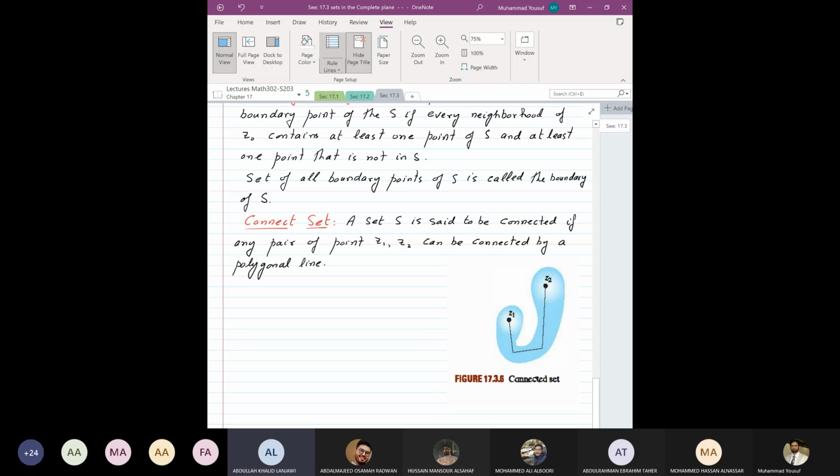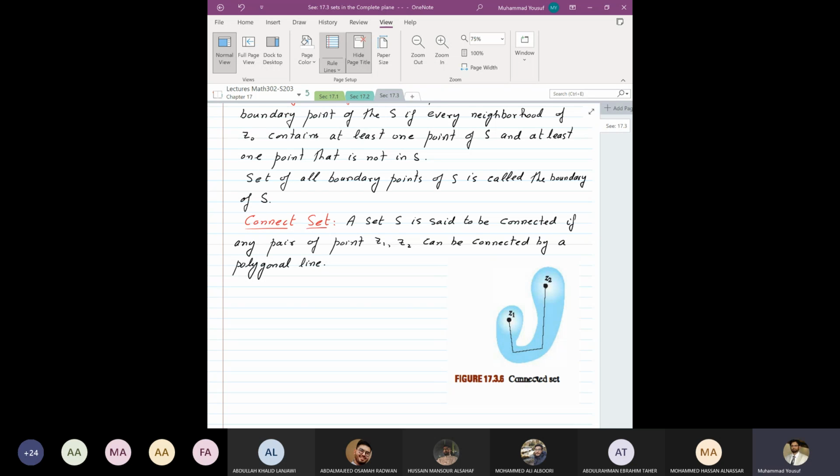So all points in S should be connected in order to call it a connected set. This set is connected. Any points in this set can be connected by a set of straight lines. We'll see more about this, a set with a hole, an annulus region.